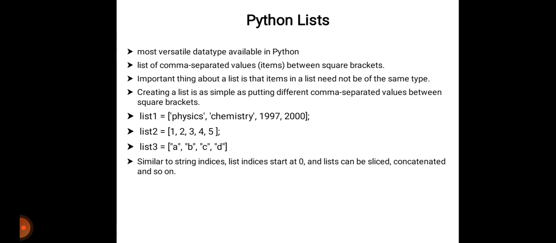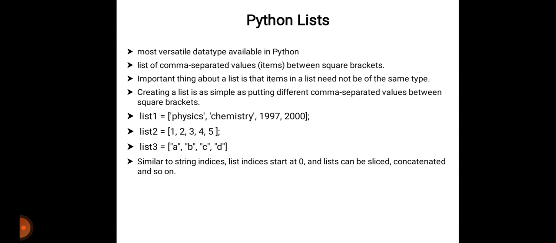This is also a list, with values separated by commas. Then list3 has the alphabets A, B, C, D, E, which may be uppercase or lowercase. Whenever you write alphabets, you have to use double quotes, and after the double quote you have to put a comma to separate the items in this list also.